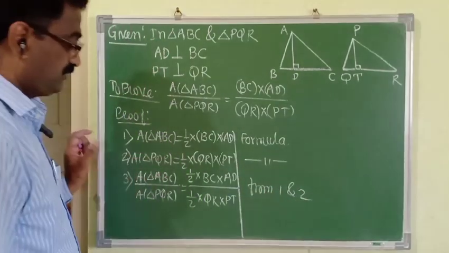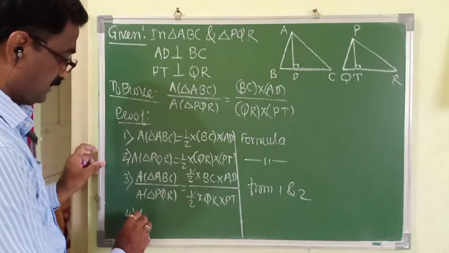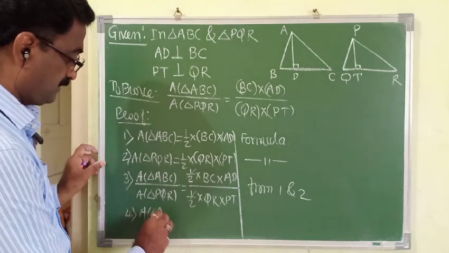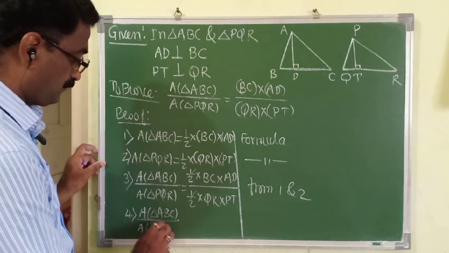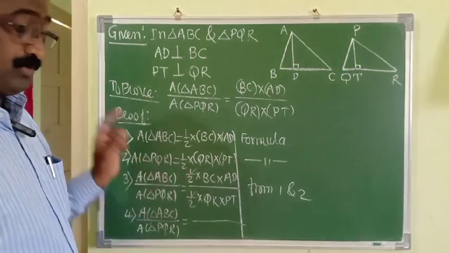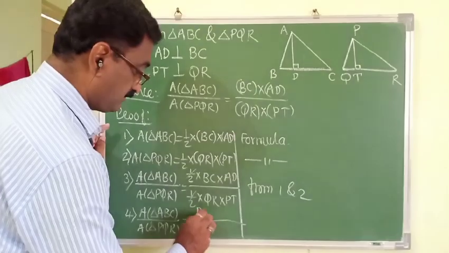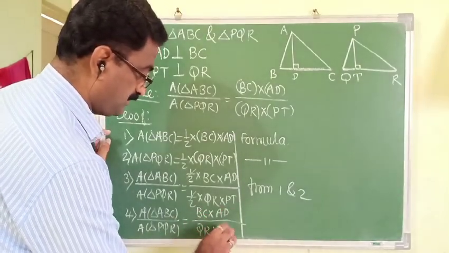Now in the numerator and denominator 1 upon 2 get cancelled and we get area of triangle ABC upon area of triangle PQR is equal to BC into AD upon QR into PT.